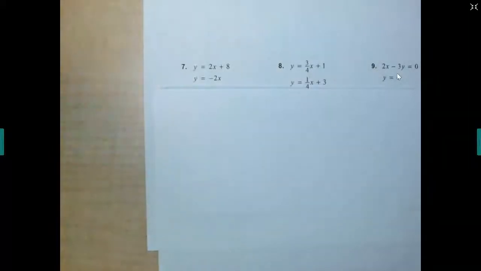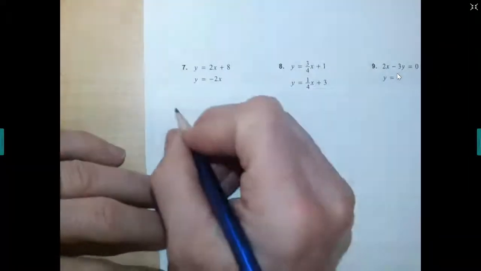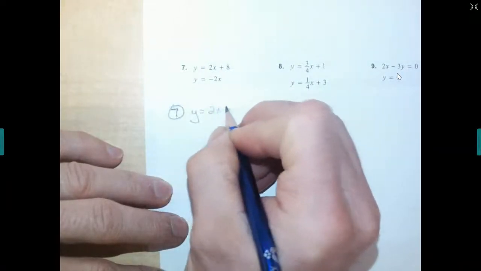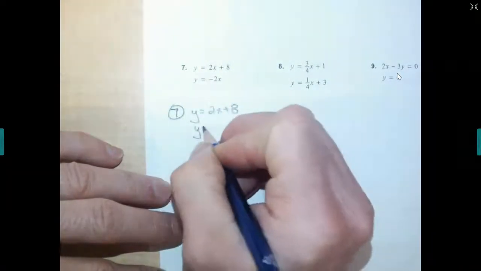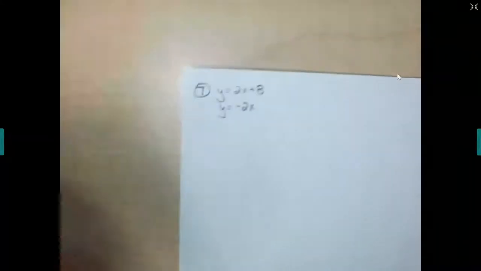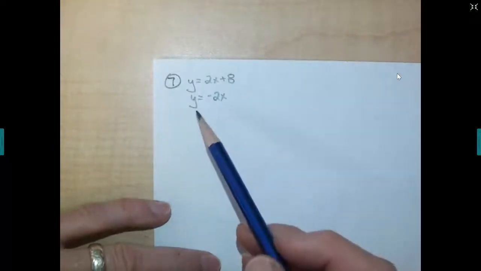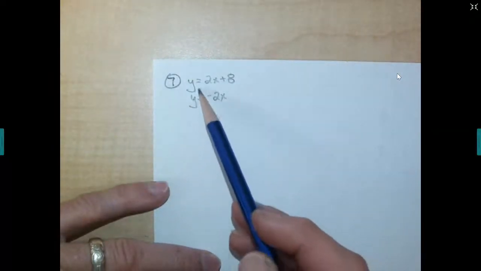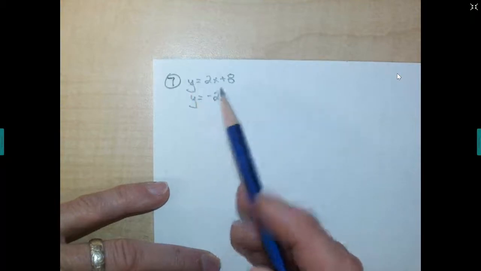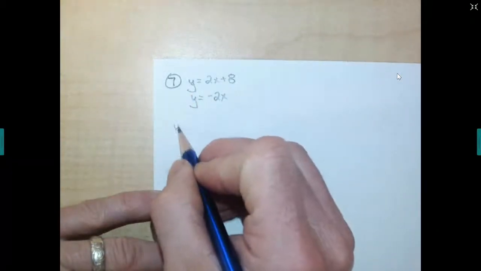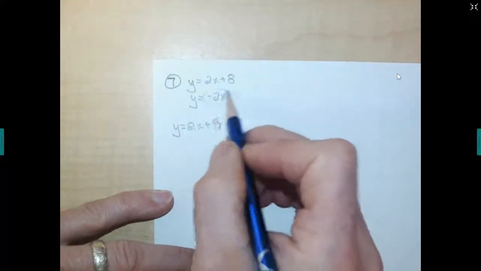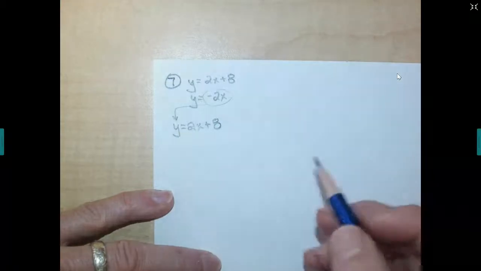Let's check out number 7. We have y equals 2x plus 8. Y equals -2x. This is nice. Once again, they give us one where we have our y's solved. This one's easier, so I'm going to plug this one into here. So I have y equals 2x plus 8, and then I plug this in for y.